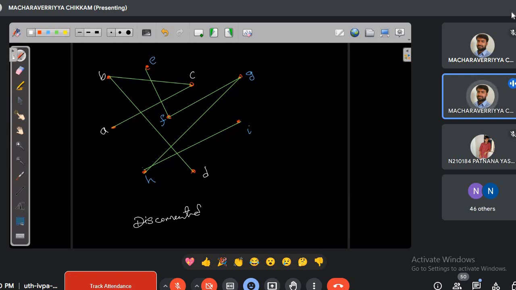I think I did not discuss what is the union of two graphs. What do you mean by union of two graphs? For example, you can take this as G1 and this as G2, the subgraphs. I'll say that the original graph G is nothing but G1 union G2. That's it.